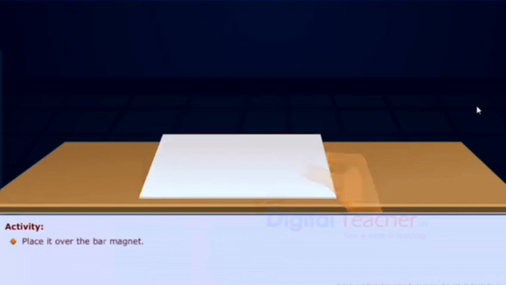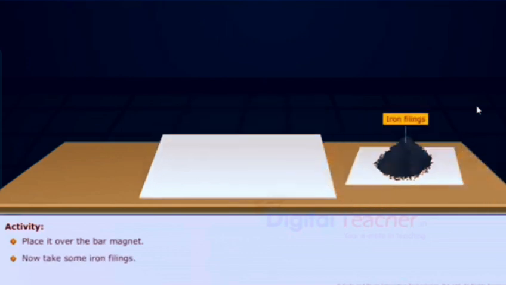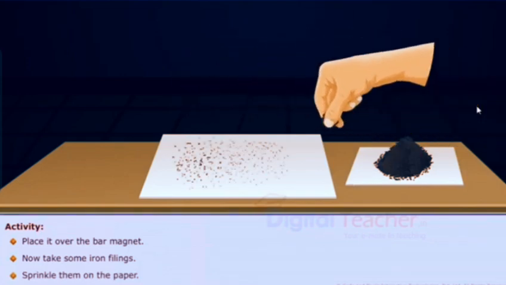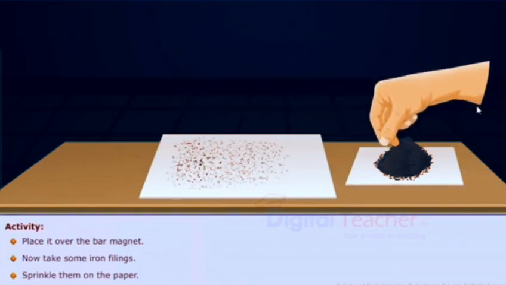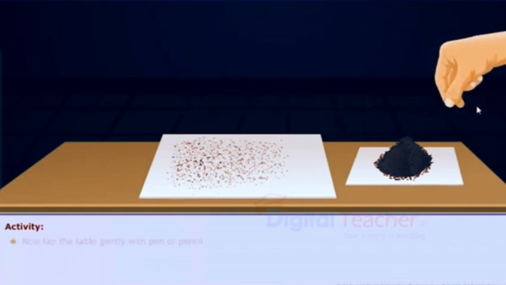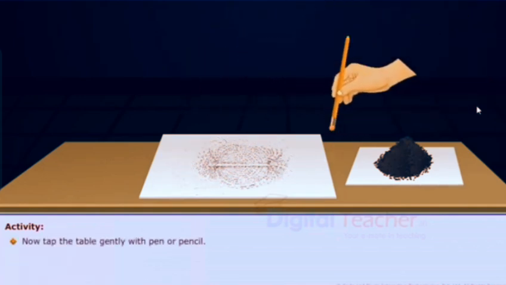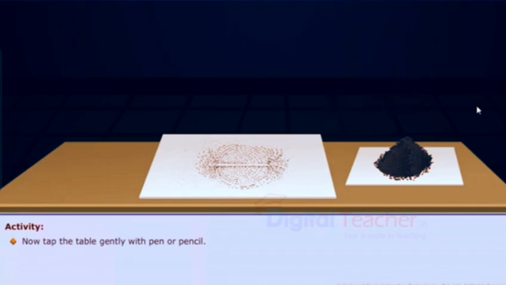Place it over the bar magnet. Now take some iron filings. Sprinkle them on the paper. Now tap the table gently with pen or pencil. Observe the changes.